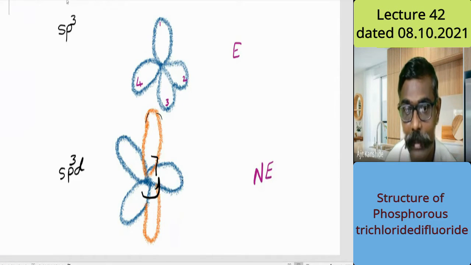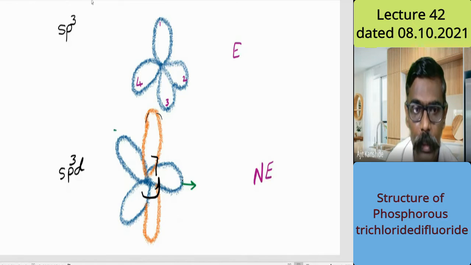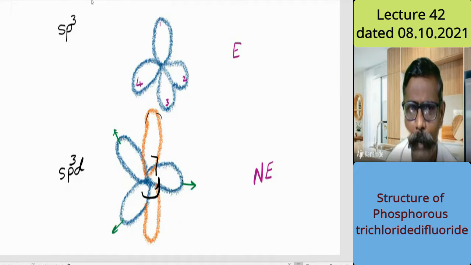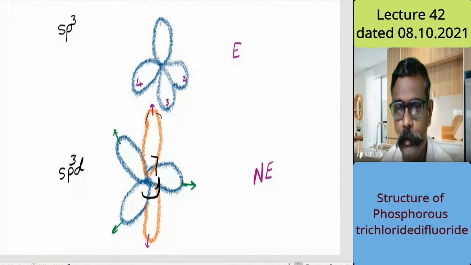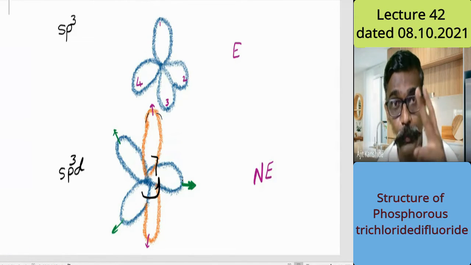I want help from you. This position you can consider, or this position, or this position. What is the name of this position? By the way, for up and down, two different positions are there. What are the names for the green colored positions? In trigonal bipyramidal, two variations in positions are there.